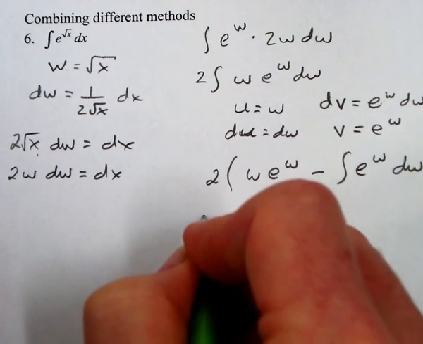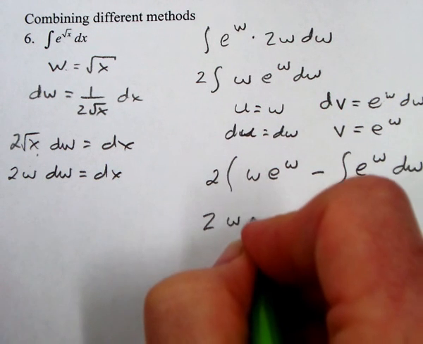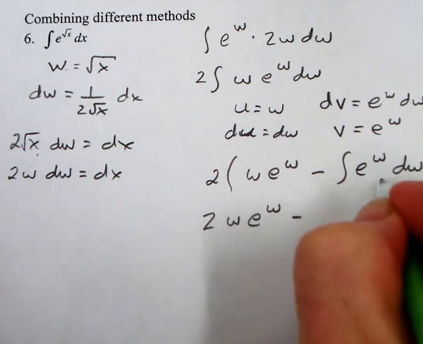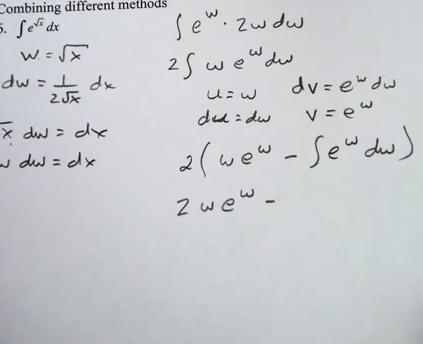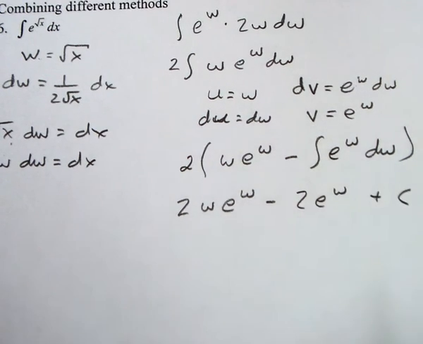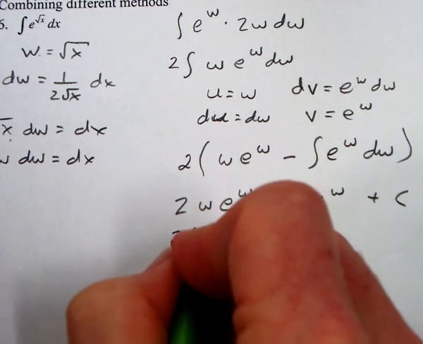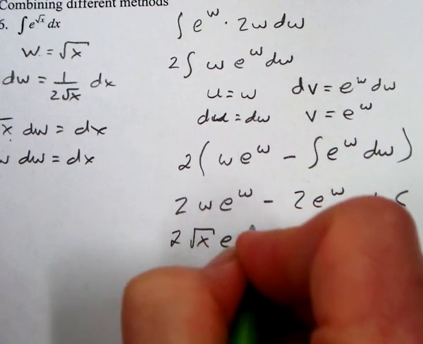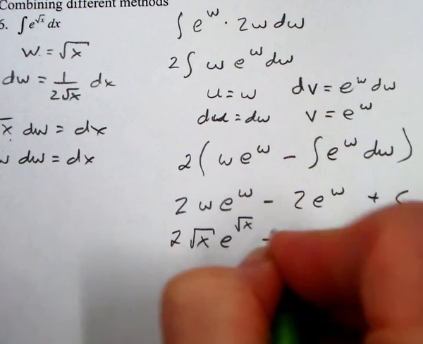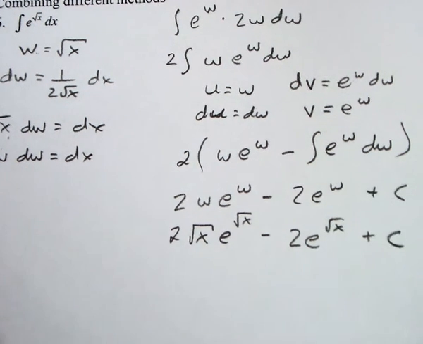Close that up, so we have 2 times w e to the w minus the antiderivative of e to the w, which is just e to the w, so we have 2e to the w. Let's tack on our plus c. Put back in what w is, so we have 2 times the square root of x, e to the square root of x, minus 2 times e to the square root of x, plus c.